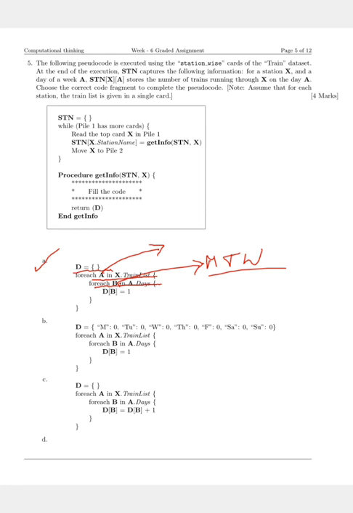And then for each B, we just take D of B is equal to 1. So this is okay for the first loop in the iteration where we see each day once, but then if there is a second train passing through, then it will still initialize the number of trains in that particular day to 1. So this is useless to us.